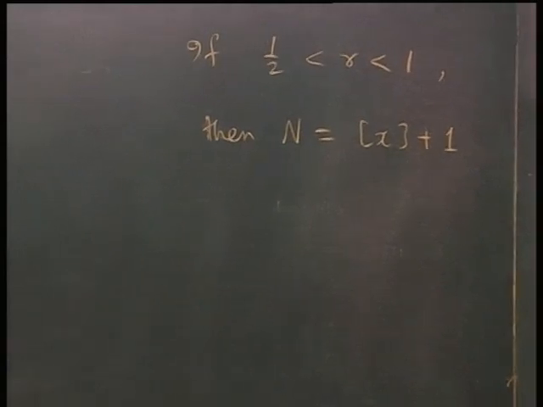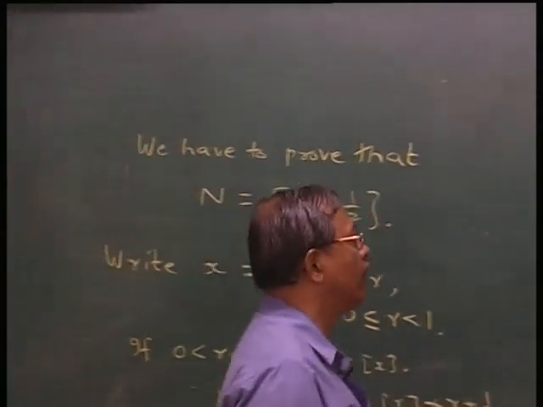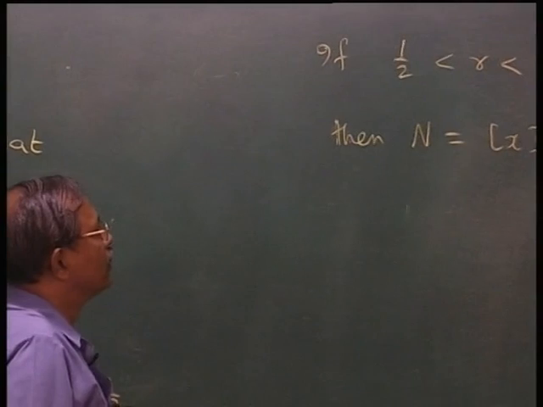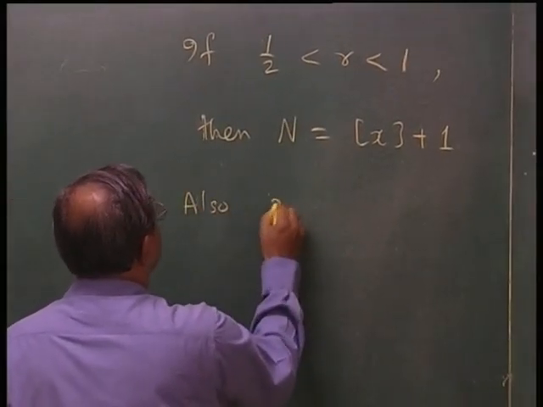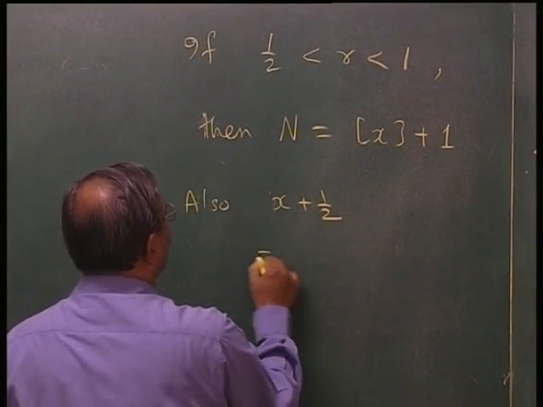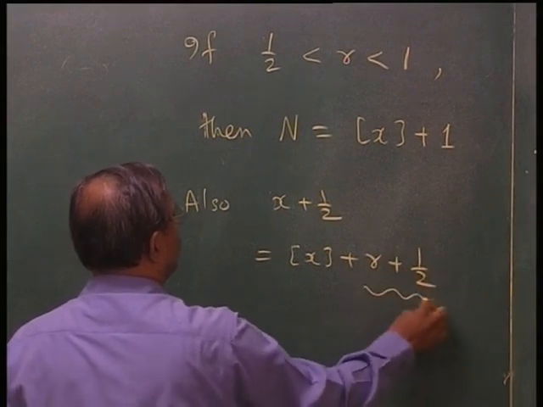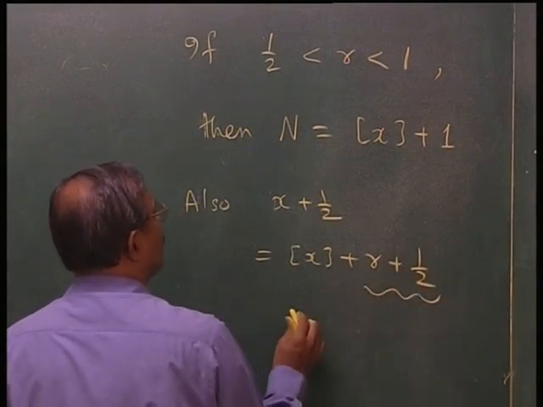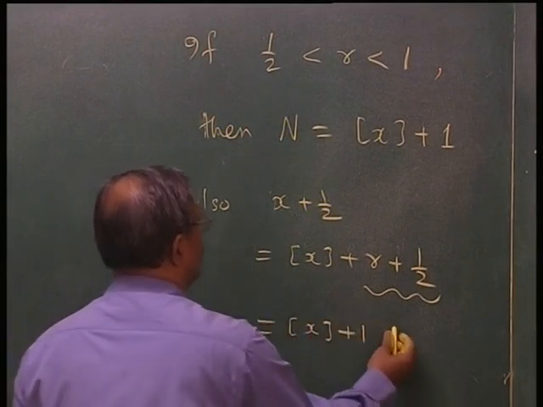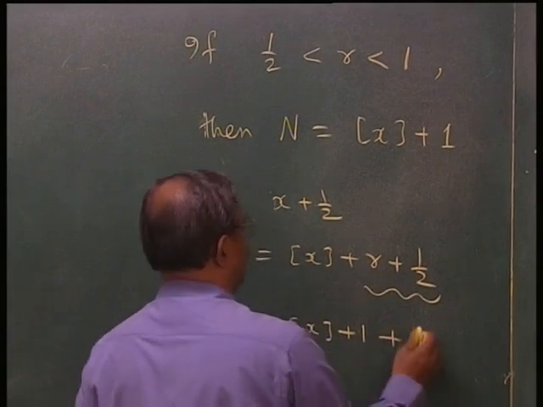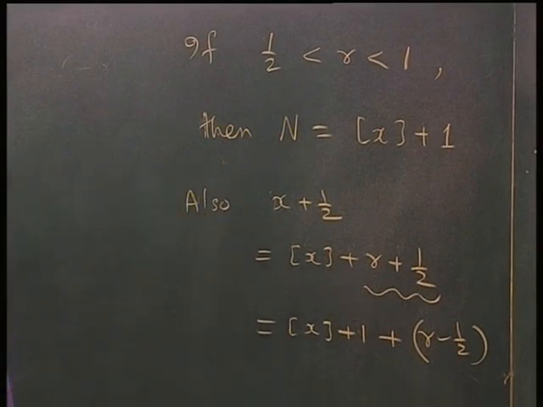Like the case x equal to 2.6, that is r is 0.6, which is bigger than 1/2. Now what is x plus half, which is the integral part of x plus r plus 1/2. Now this quantity is bigger than 1 plus the integral part of x, plus r minus 1/2.